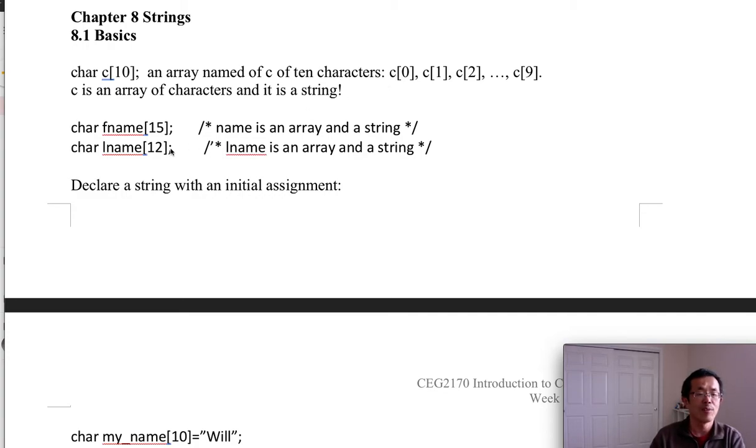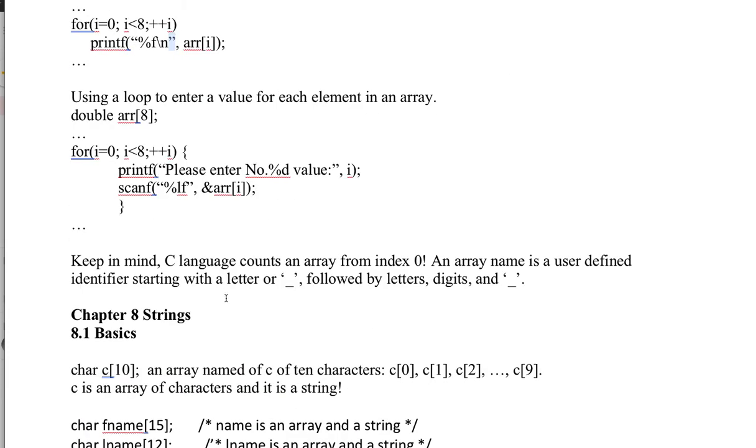And also we can declare an array with any name. Remember the rules for names in the C language. A name, any name, is a user-defined identifier. It could start with a letter or underscore mark, followed by a mixture of letters, uppercase, lowercase, digits from 0 to 9, and the underscore mark.